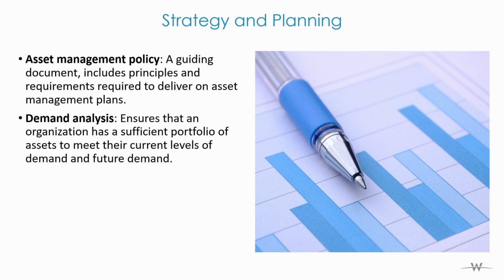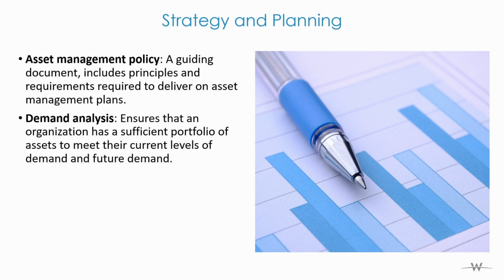An effective asset management policy will articulate our organization's commitments and expectations for the decisions, activities, and behaviors related to their asset management plan, right? We have to have a policy that dictates that. And that policy should be aligned with the city or the department's organizational objectives, right?